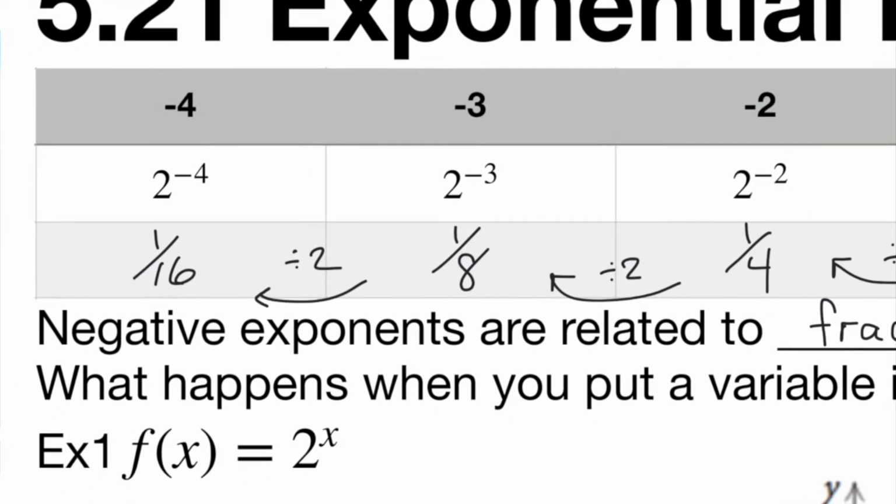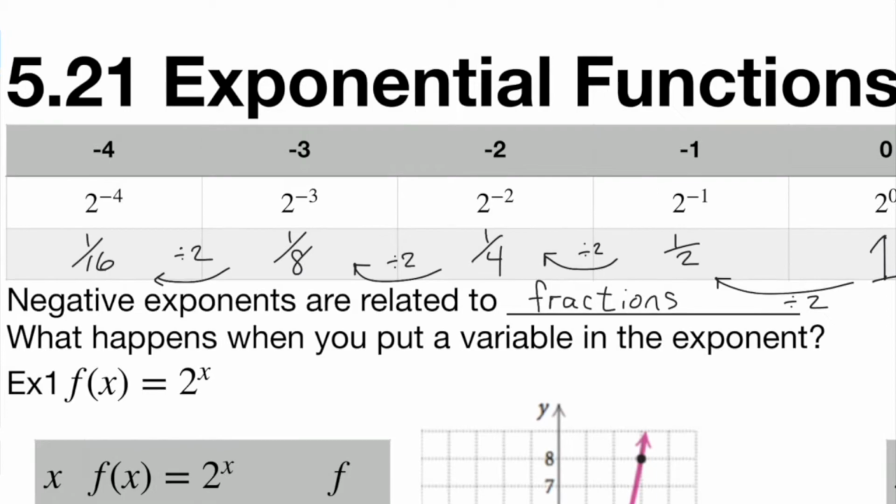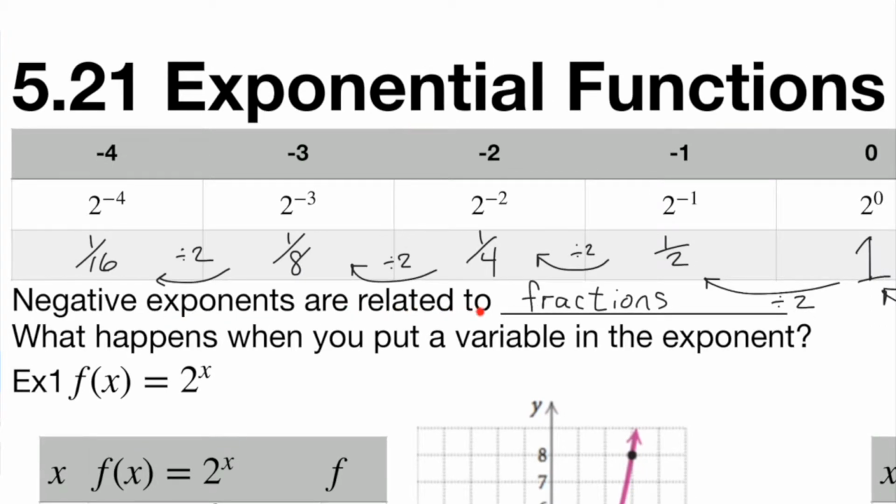And so what I really want to impress upon you is that negative exponents are related to fractions, very much so. They're related to reciprocals, they're related to change the sign, cross the line, all that stuff from numerator to denominator, denominator to numerator. Anytime you have negative exponents, I want you to remember fractions.